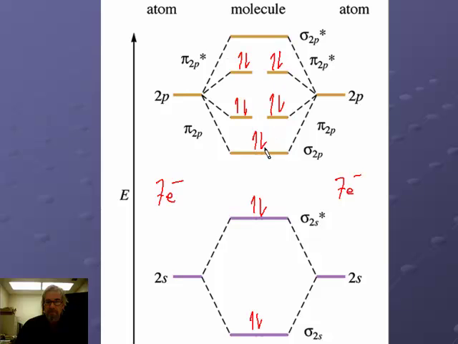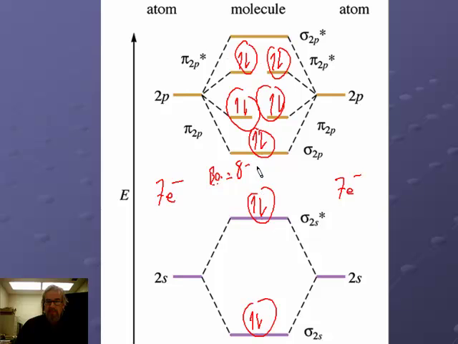What's our bond order? Well, the number in bonding orbitals is 2, 4, 6, 8. The number in antibonding orbitals is now 2, 4, 6. 8 minus 6 is 2, divided by 2 is 1. So that means when fluorine makes a diatomic molecule, it's single bonded.